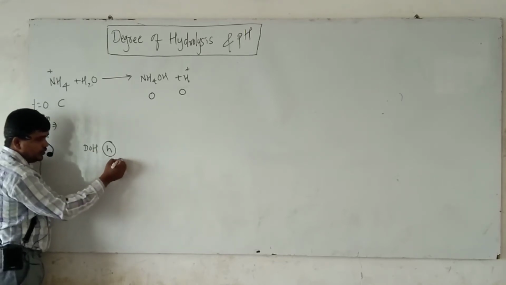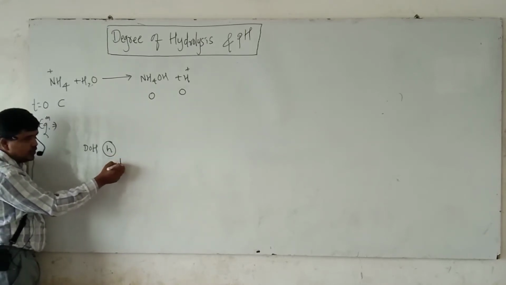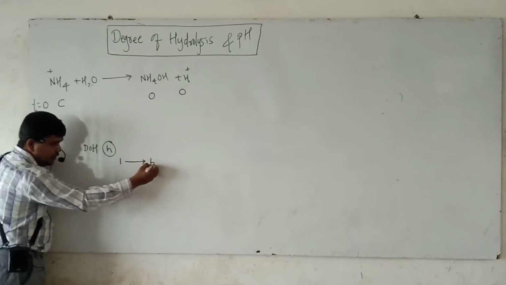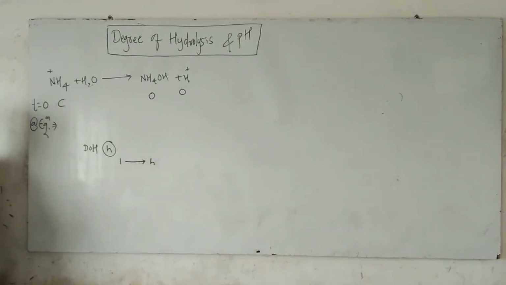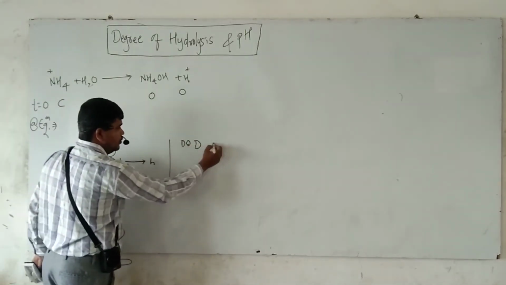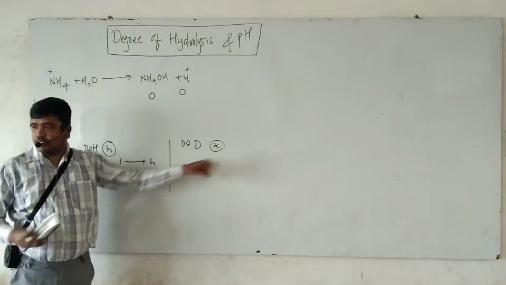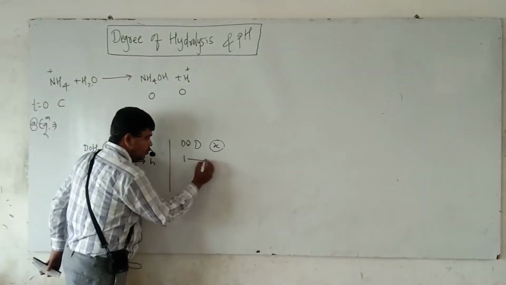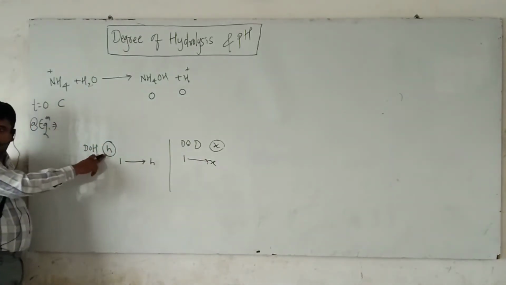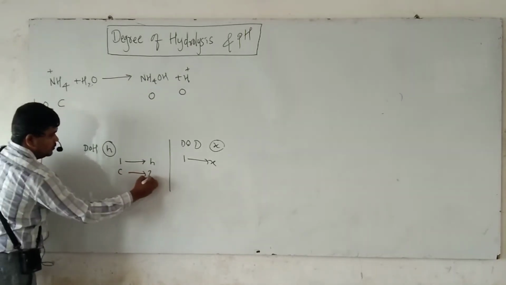Degree of hydrolysis is H. It means that if you take concentration 1, then the degree of hydrolysis will be H. See, for degree of dissociation, what was the equation? Degree of dissociation means X. What does it mean? 1 gives X. Similarly, degree of hydrolysis is H, meaning 1 gives H. Then C will give how much?